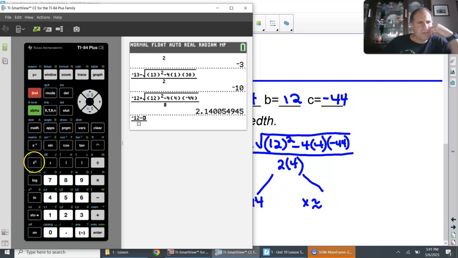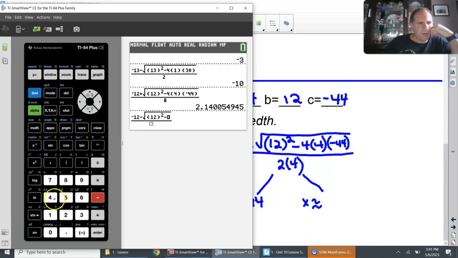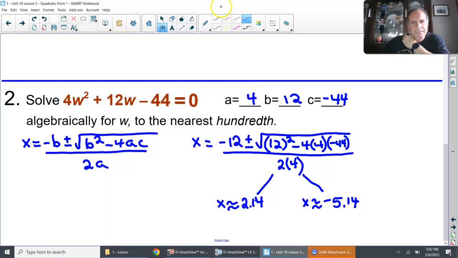We're going to press second function square root, put in parentheses 12 squared minus 4 times 4 times negative 44, and we're just going to put the 8 underneath it. This is the minus side. So we have a negative 5.14. And that's it.